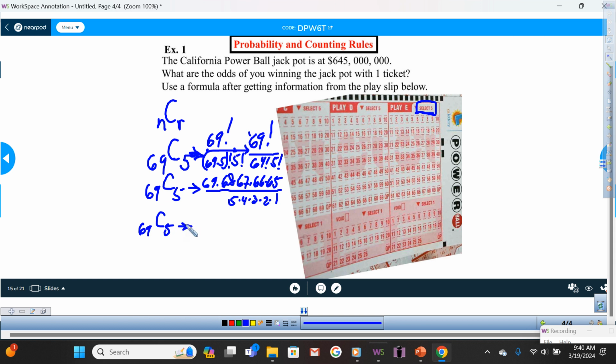All right, who's got a number for me? Jaden, what'd you get? 69 times 68 times 67 times 66 times 65 divided by 5 times 4 times 3 times 2 times 1, and that gives us... who's got a number for us already?